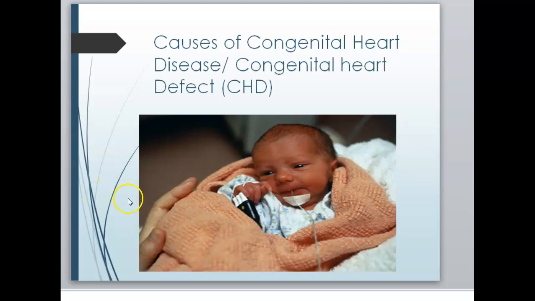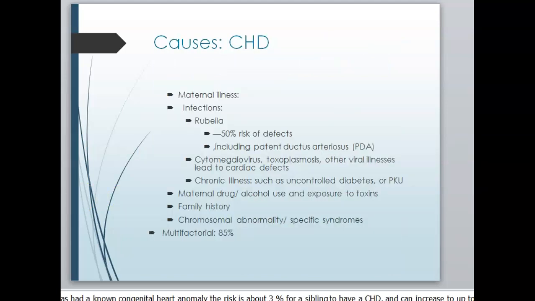So, more causes of congenital heart defect or congenital heart disease. Maternal illness, infections such as rubella. Rubella is also known as German measles, and oftentimes they'll do tests to make sure that you have the immunity to German measles.